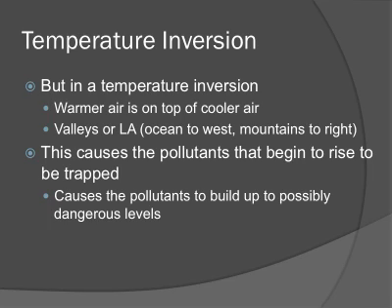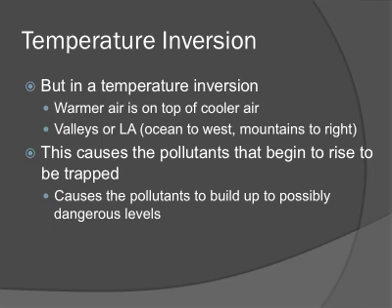Basically what happens is LA is sandwiched between the ocean and mountain ranges, and LA's in a valley. As the warm ocean air comes over, sometimes it could be warmer or cooler than the air in the valley.